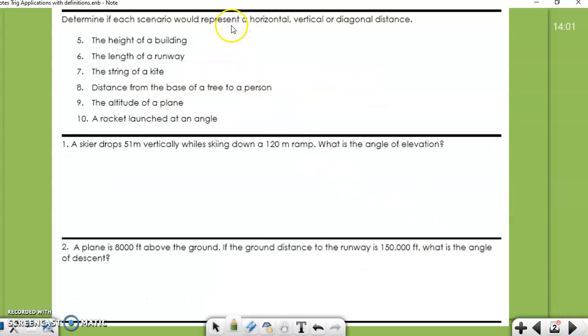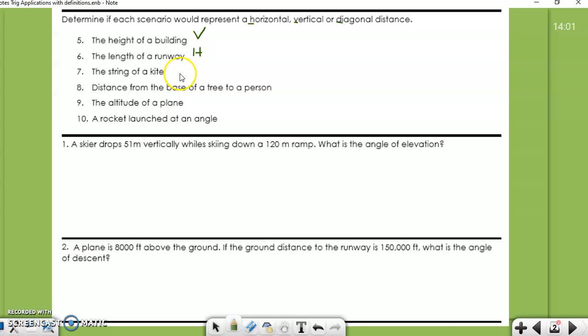Let's think about if we were going to draw the triangle to represent these different scenarios. Would these pieces of the triangle represent a horizontal line, a vertical line, or a diagonal distance? The height of a building, that'd be straight up and down, that'd be our vertical. The length of the runway, horizontal.